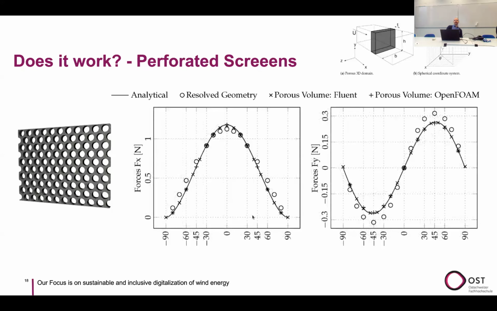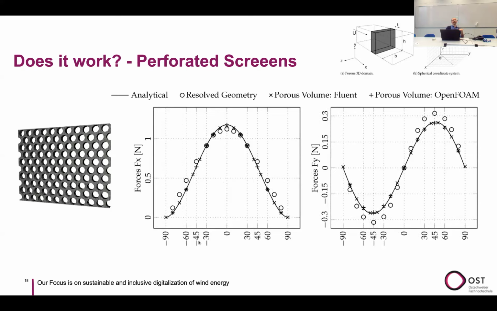And if the screen is the thickest, like this one was a 4mm screen, I think, the forces start to become quite substantial as compared to the X. I'm sorry, maybe this graph is not very clear. On the x-axis, we have the angle at which the flow is incoming, and the y-axis are the forces.